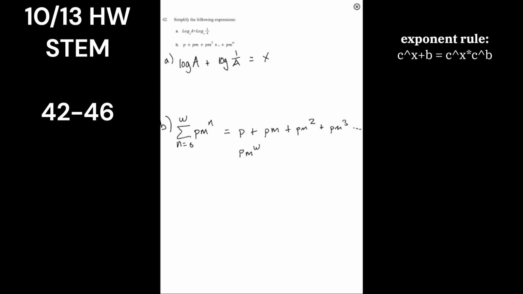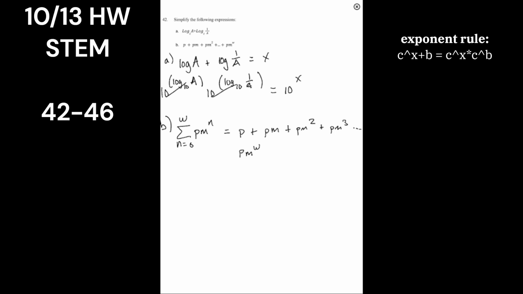Actually, let me write out this stuff: 10 to the log 10 of A. And then since it's plus in the exponent, we could also just multiply it. So 10 to the log base 10 of 1 over A equals 10 to the x.